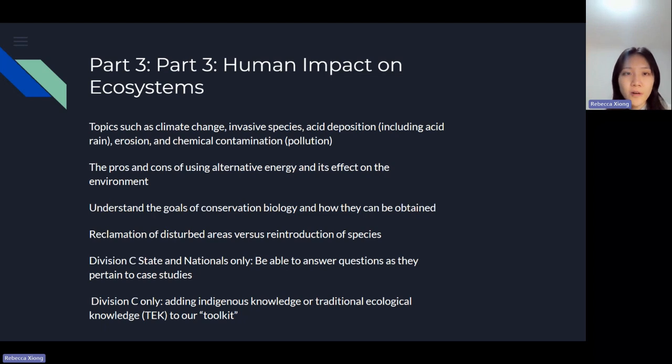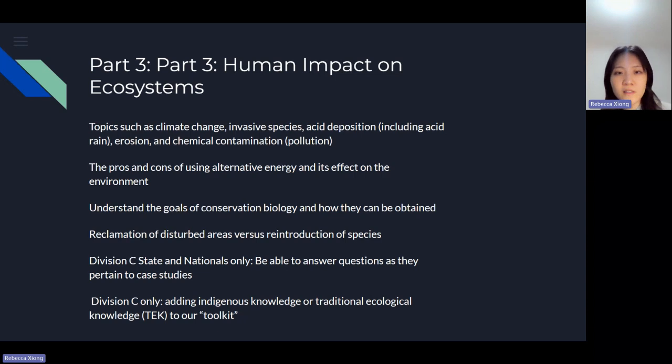But yeah, so for part three, the human impact on ecosystems, this is specifically more about climate change and how invasive species and other pollution-influenced phenomena can impact your environment. Also in this category is the discussion of pros and cons of using alternative energy and how those can impact the environment.